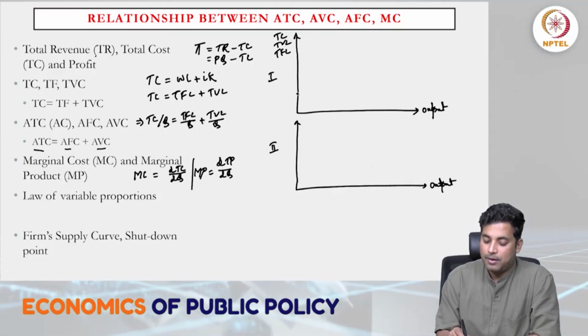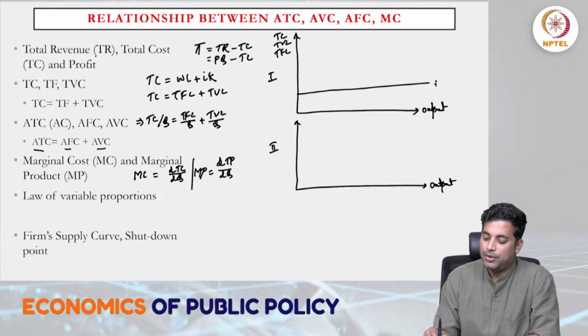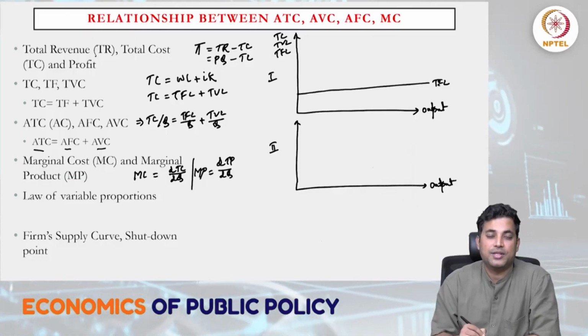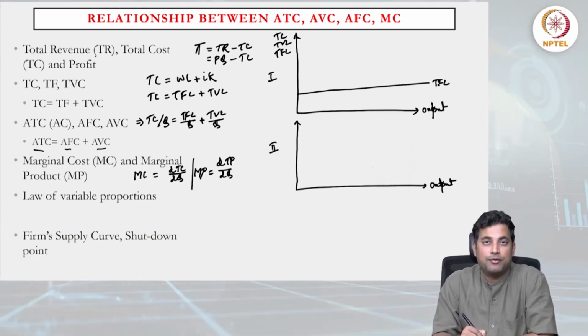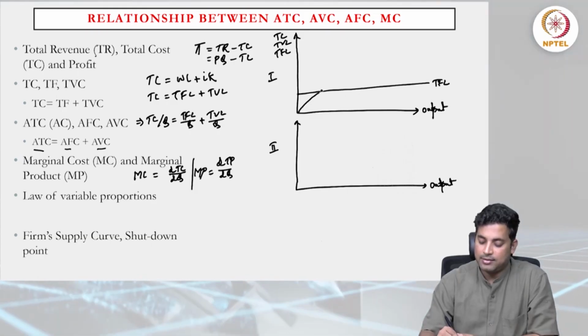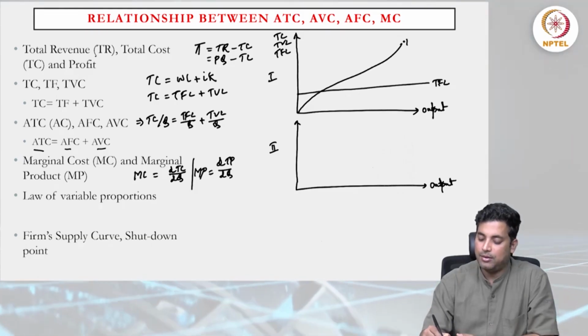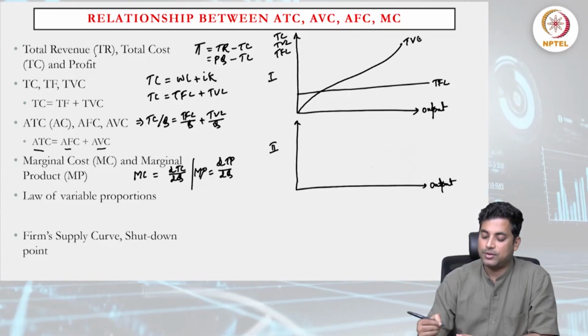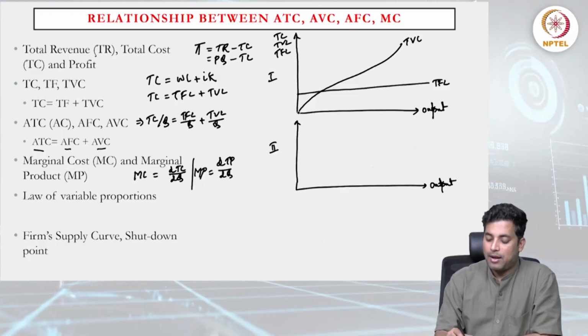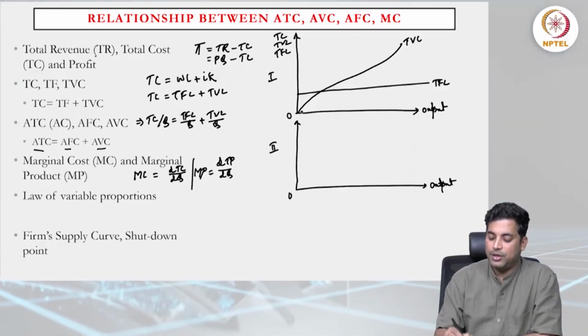So this is our total fixed cost, which is fixed for every production. And then here, say this is a total variable cost. So here is 0.